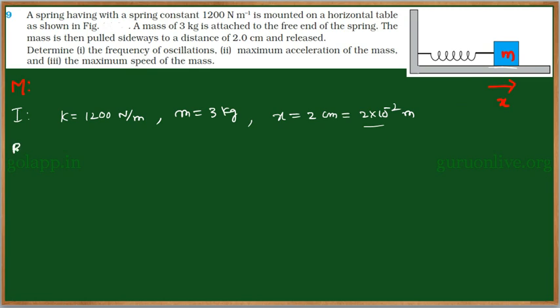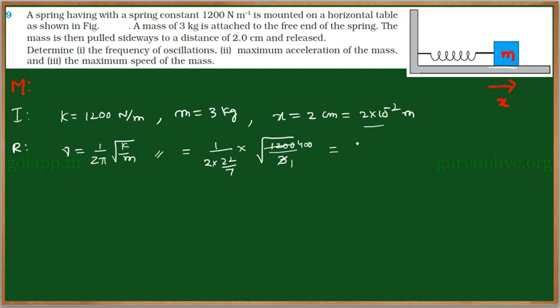Now come to the resolving part. We need to find out the frequency of the oscillation, that is nu. Nu is equal to 1 by 2 pi root k by m. This is the formula we know from the concepts. That is equal to 1 by 2 into 22 by 7 into root of k, which is 1200, divided by m, which is 3. So 3 ones are 3, 3 400s are 1200, root 400 is 20.